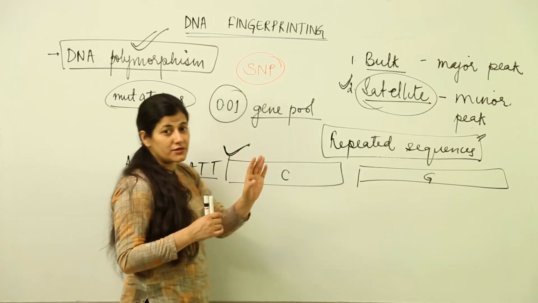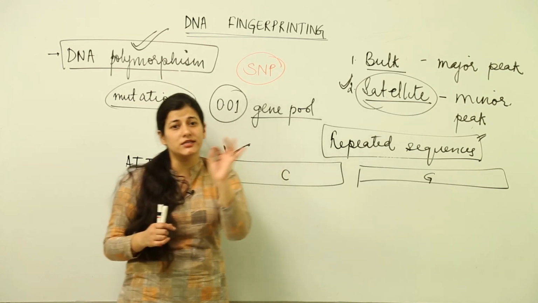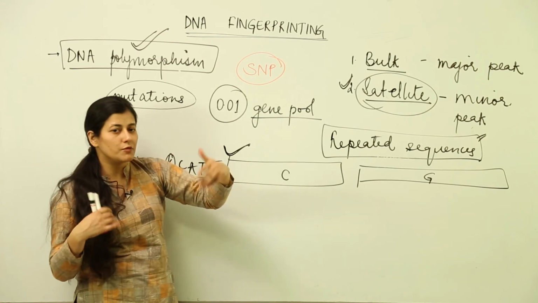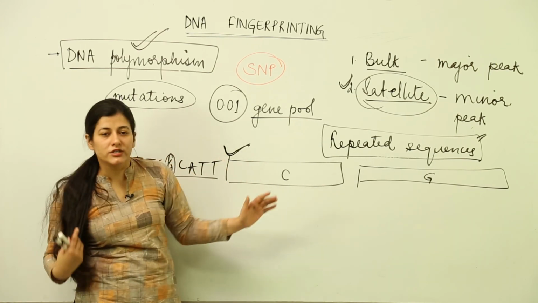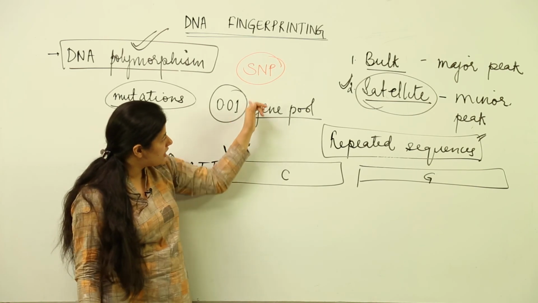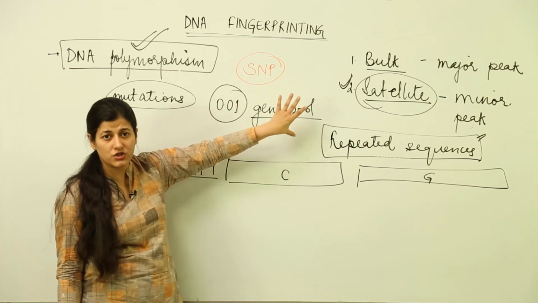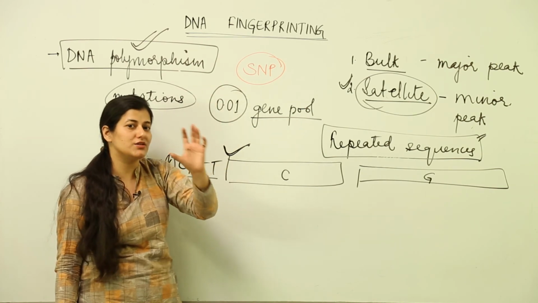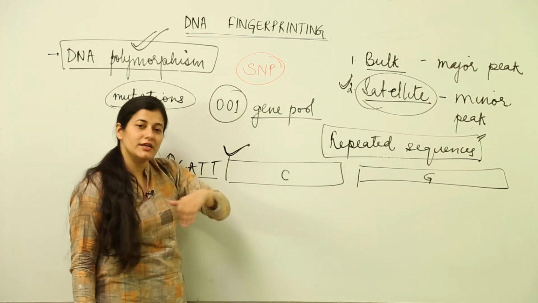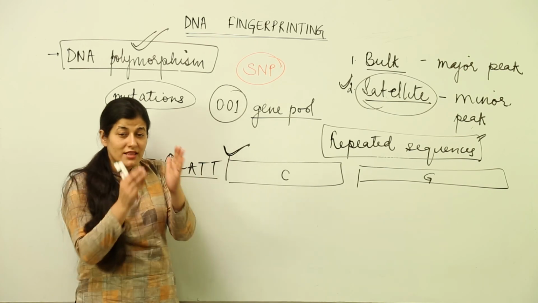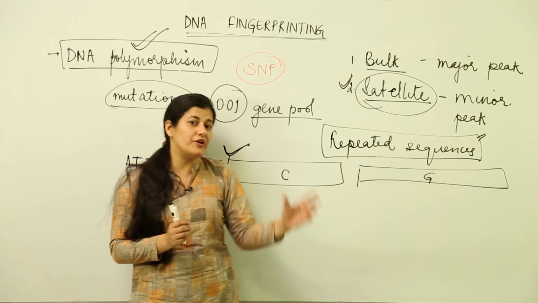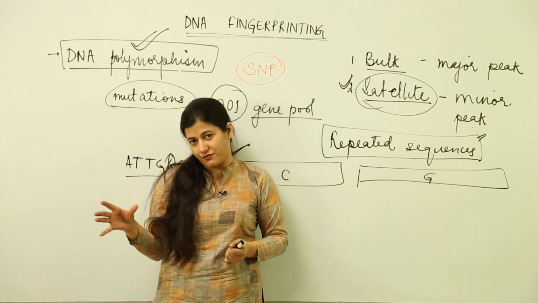Don't get confused that we are using the term allele, so alleles are for genes. Over here, allele is simply a sequence, okay, that would be coding for something, but it does not have an expression. So if the allele is having this much frequency in the gene pool, that is known as polymorphism. That means it has shown its effect in the population. When it has shown its effect in the population, that means the genetic content of that individual is different from the other individual.